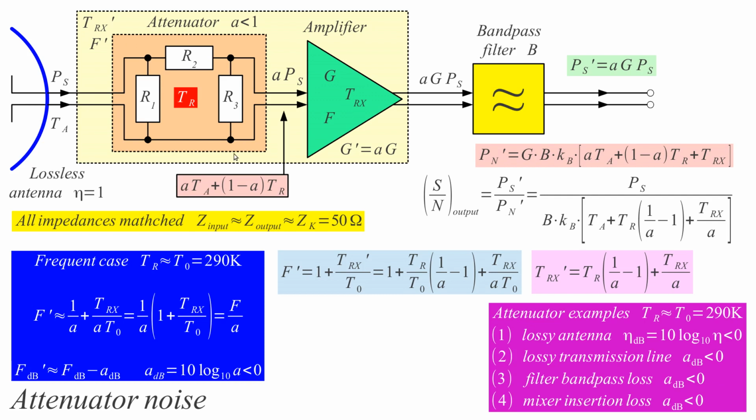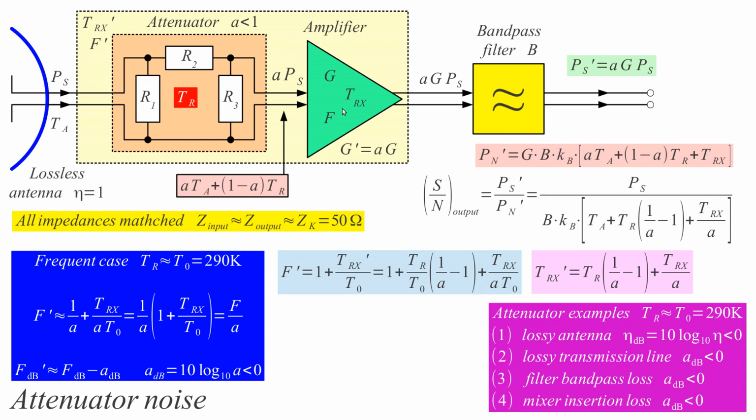An attenuator is a gray body, not really a black body. If we had infinite attenuation, so A equal to 0, then it would be a black body. It's not a black body, it's a gray body, but it is radiating at its own temperature of these resistors here. It's radiating noise. So now we have three sources of noise: antenna, attenuator, and receiver.